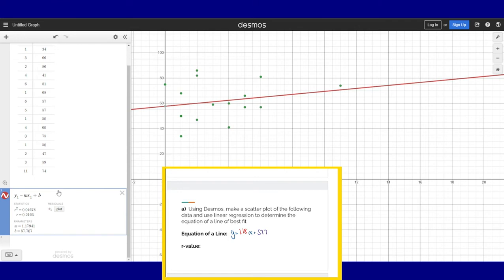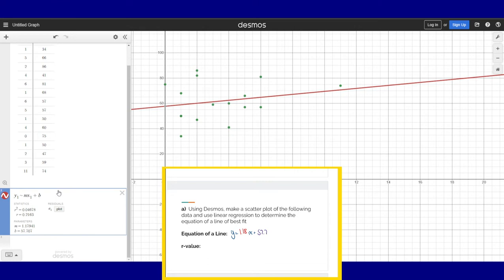So that's our equation of our line. That's the accurate equation of our line based off of Desmos, based off the software actually calculating it. So this is our line of best fit. So it's where it goes through as many points as possible and has the points kind of roughly balanced out on either side, as well as close to the line as possible.